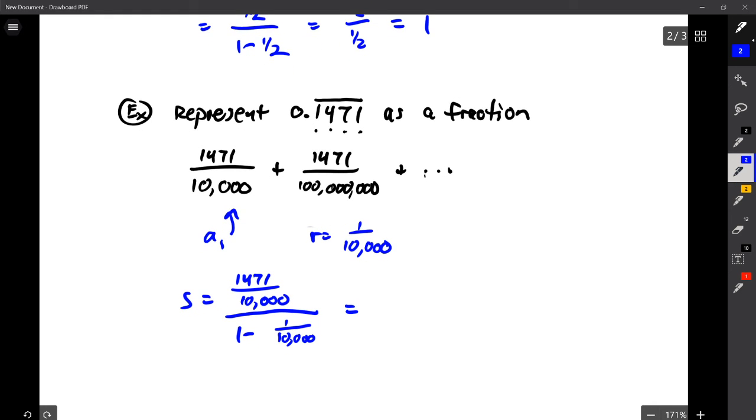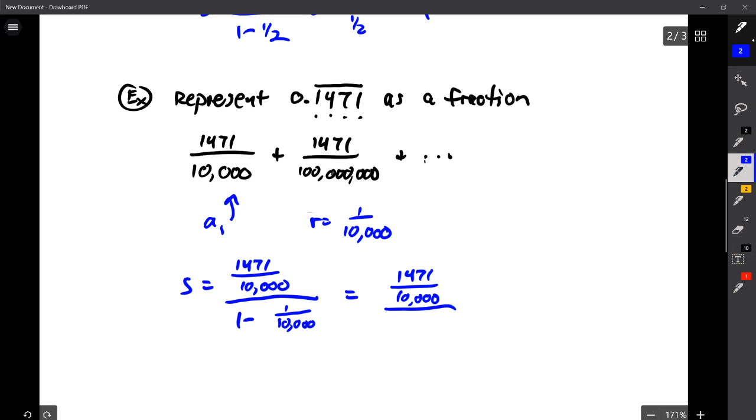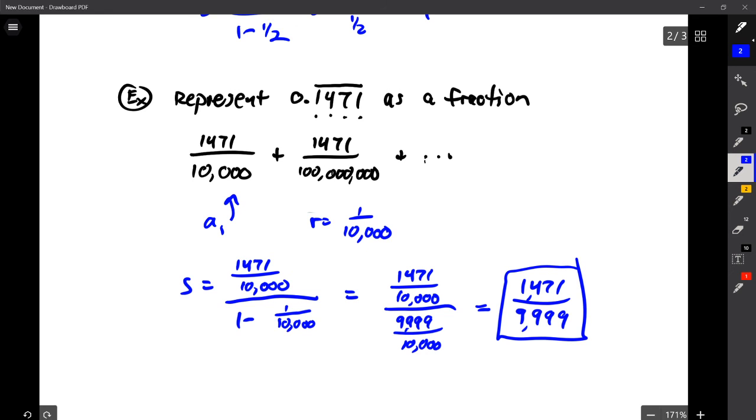That's 1471 over 10,000 over, 1 as 10,000 10,000ths take away 1 10,000th, leaving 9,999 10,000ths. Invert and multiply, the 10,000ths cancel, and we're left with 1471 over 9,999. That represents this as a fraction.